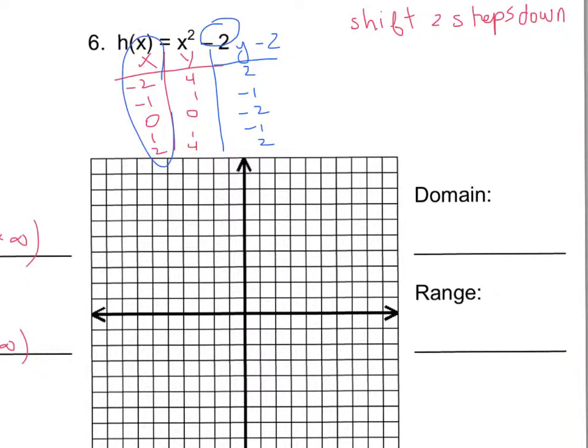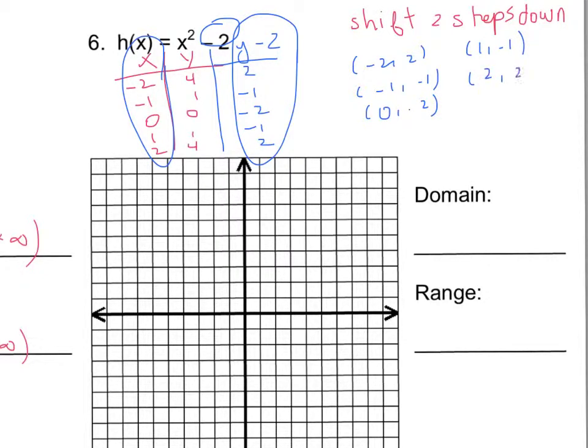So these are my new coordinates, and they are negative 2, 2, negative 1, negative 1, 0, negative 2, 1, negative 1, and 2, 2. Let's plot those points. Negative 2, 2, negative 1, negative 1, 0, negative 2, 1, negative 1, and 2, 2.